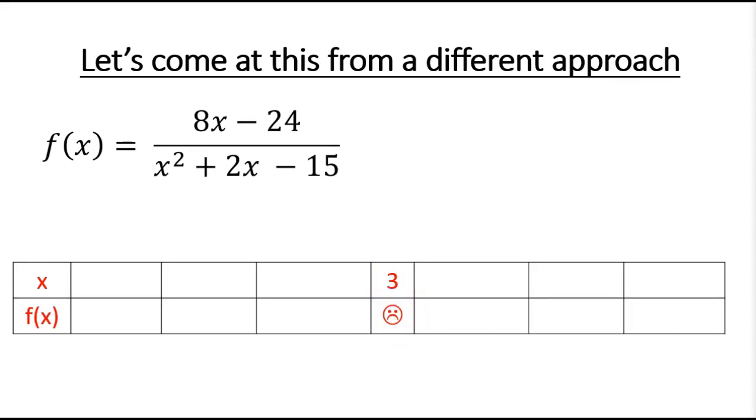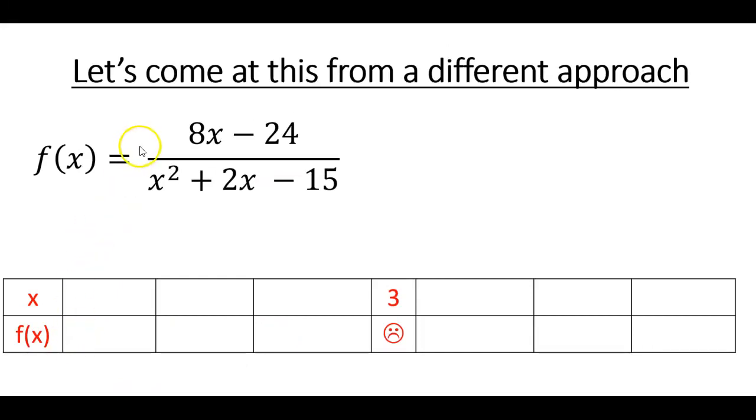So instead of trying to figure out what my function equals when x equals 3, we're going to approach 3. We're going to get closer and closer to it. Because although the function can't equal 3, it can be anything else. So for instance, let's go ahead and plug in 2.9 and 3.1.